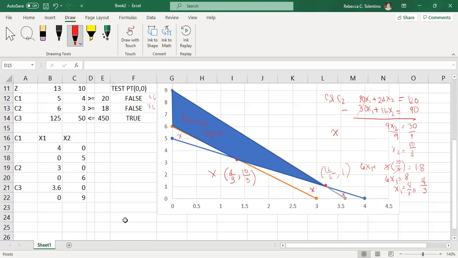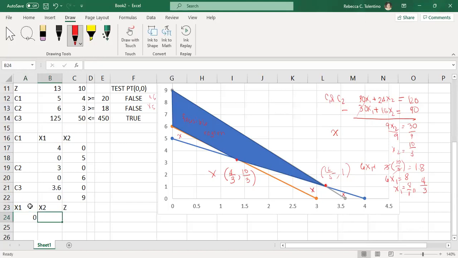So once you have identified all the vertices, the next step would be to substitute the vertices of the feasible region in the objective function. Okay? So let's just plug in the x1 and x2 and the corresponding value of c. I will just enter all the coordinates.